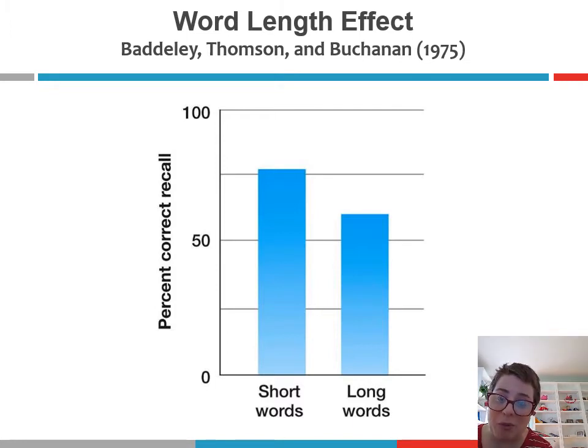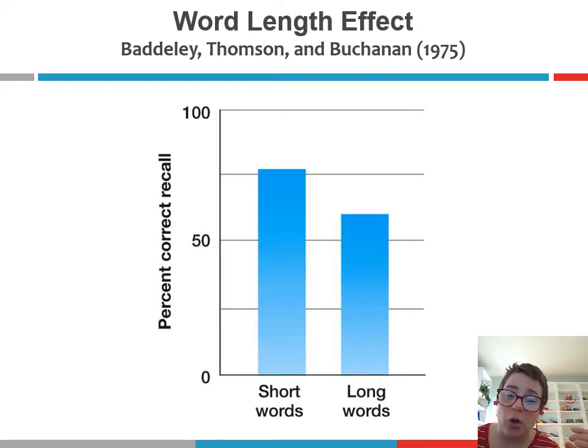So remember, with both short-term memory and working memory models, the way that you maintain information in short-term memory is by saying it to yourself, right? Maintenance rehearsal. And you're saying it to yourself literally in real time, right?